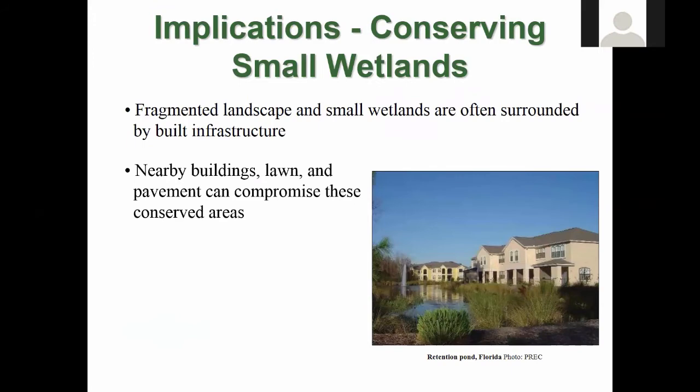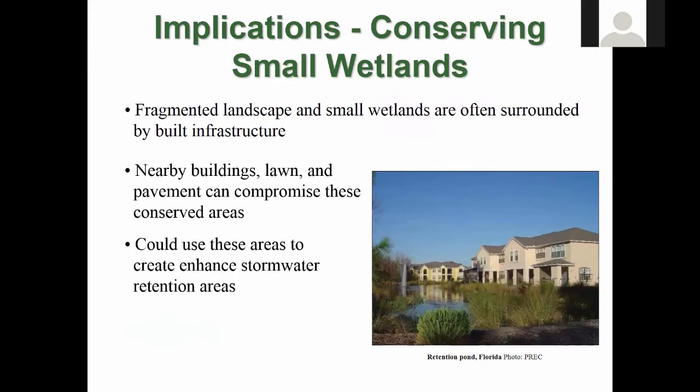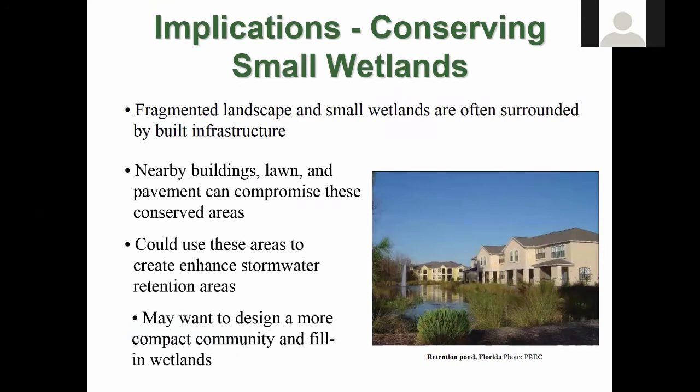Those can compromise every single wetland that's conserved, and these could be used to create enhanced stormwater retention areas. Instead of doing all the wetlands, you might consider, in some cases, designing a compact community and filling in a few of the more dilapidated wetlands that are out there.